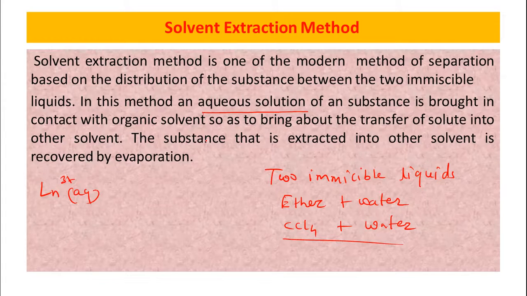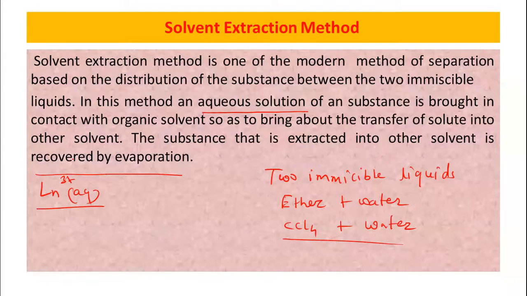We have to take the solution of the lanthanone ions in the aqueous phase. The solute can be extracted from one phase into the other phase here. Solute means the solution of the lanthanone ions. The substance that is extracted into the other solvent is later on recovered by evaporation.